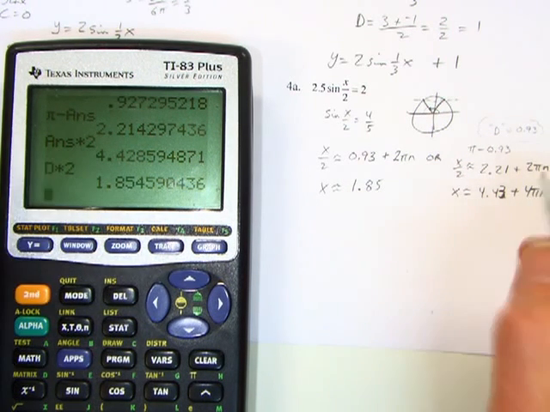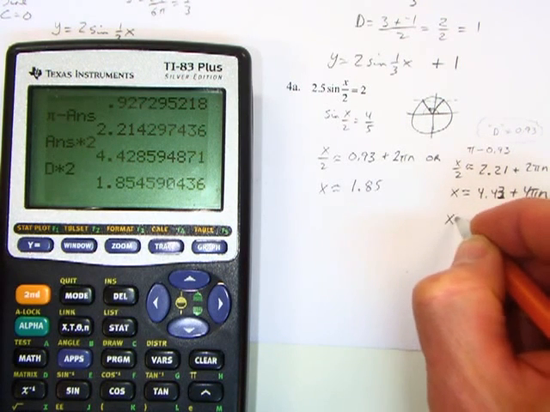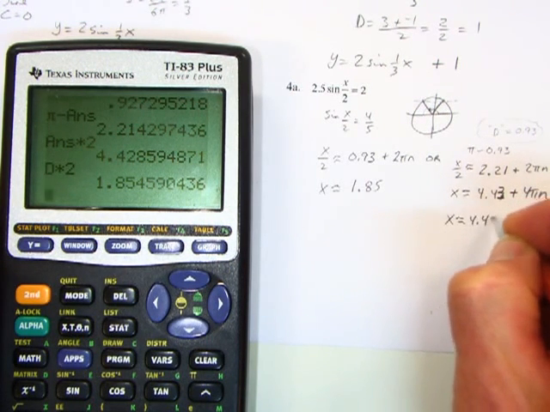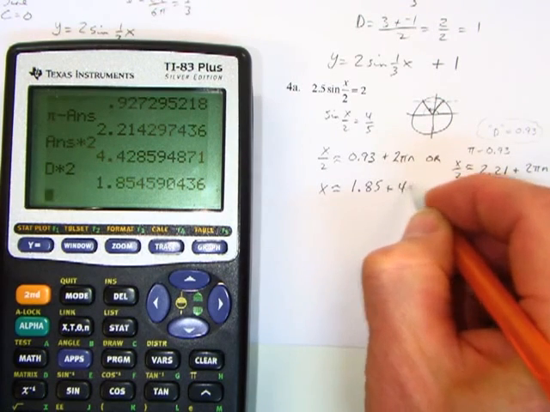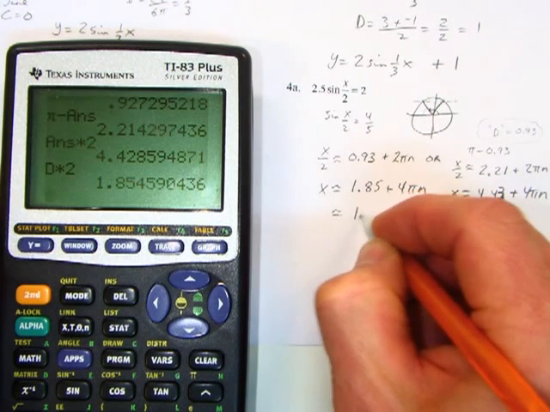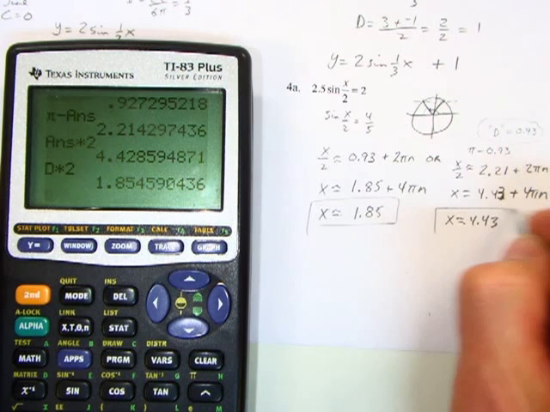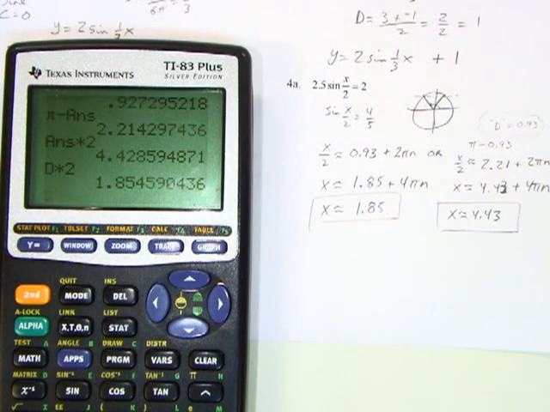But that's okay in this particular problem, because when we add 4 pi, we're not going to get an extra solution. And over here, we add 4 pi, we're not going to, because we're going to be outside our domain. So again, we have another problem where we only have 2 solutions.